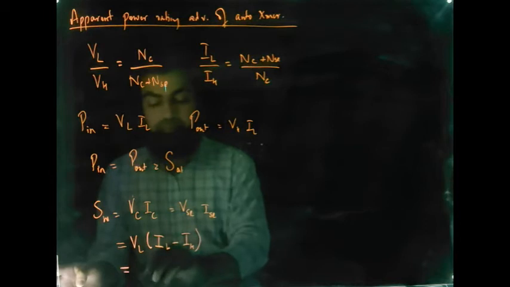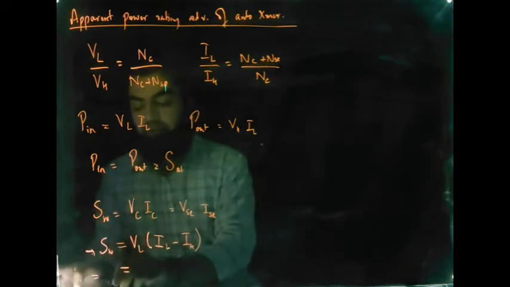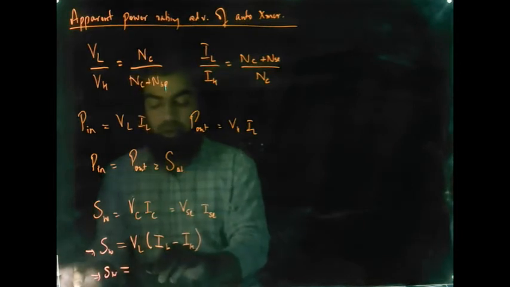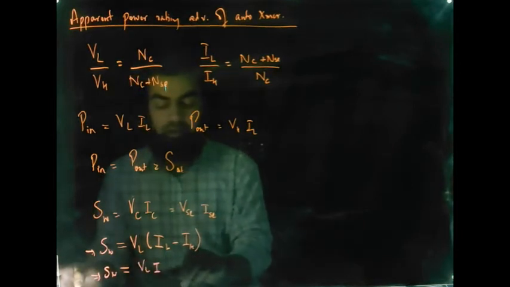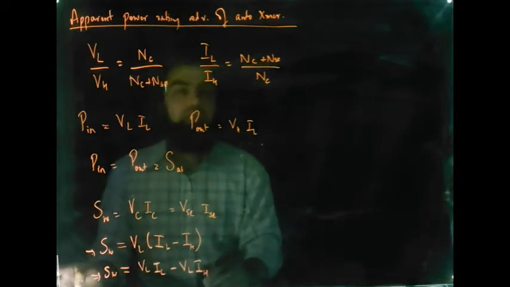So therefore, the apparent power rating of the windings of the transformer is VL IL minus VL IH.